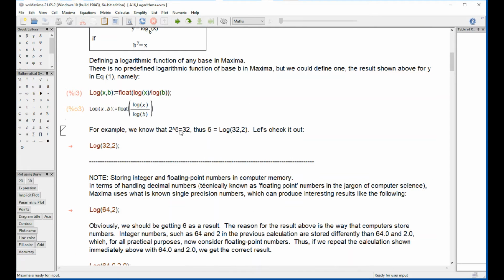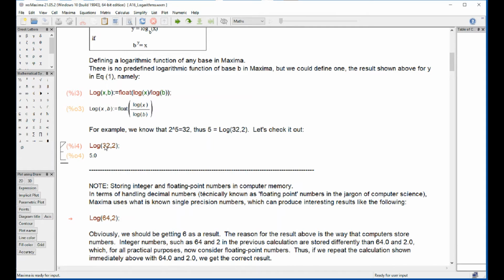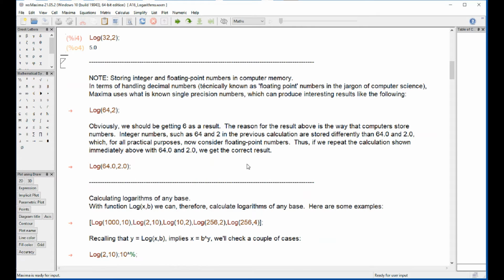For example, 2 to the 5th is equal to 32, so if I take the log of 32 of base 2, I get 5. However, this is going to be a quick idea of how computers store numbers. It turns out that Maxima uses single precision numbers, whereas many other software use double precision. With single precision, you can get things like this.